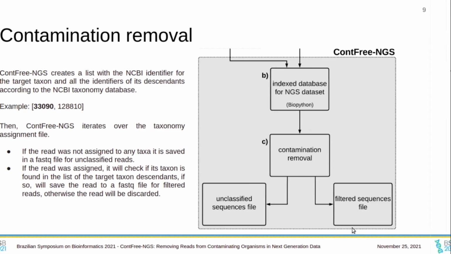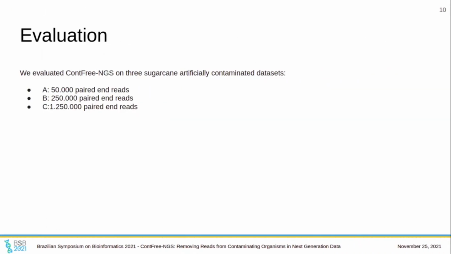To evaluate ContFree-NGS, we ran it against 3 sugarcane artificially contaminated datasets. Dataset A contains 50,000 reads, dataset B contains 250,000 reads, and dataset C contains 1,250,000 paired-end reads.